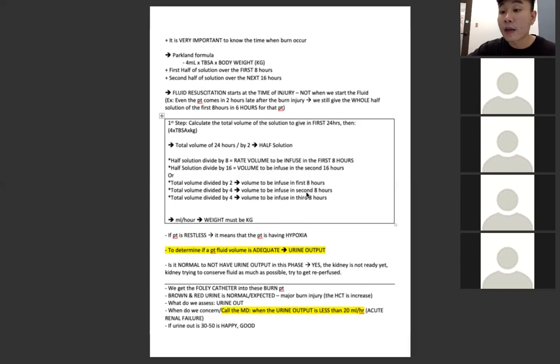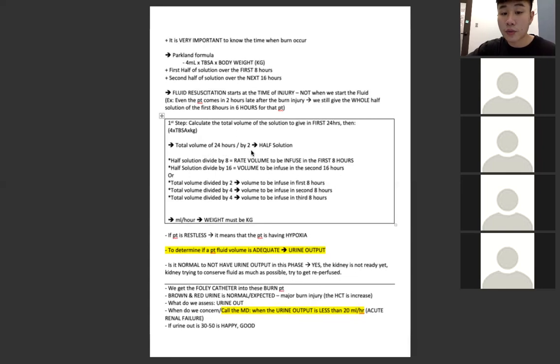It's easier, and also in the questions, she will ask you about the second 8 hours, the third 8 hours, or the first 8 hours. So just remember which number you use to divide the total volume that needs to be provided for the patient. If you use the second method, you do not have to use the half total volume.